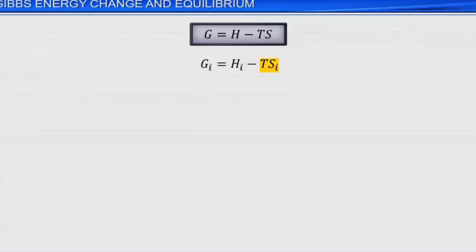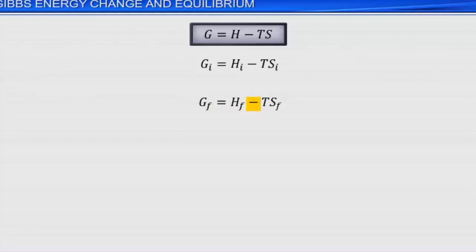Similarly, Gibbs energy of a system in final state, Gf, is equal to enthalpy of the final state, Hf, minus the product of absolute temperature and entropy of the final state, T Sf.